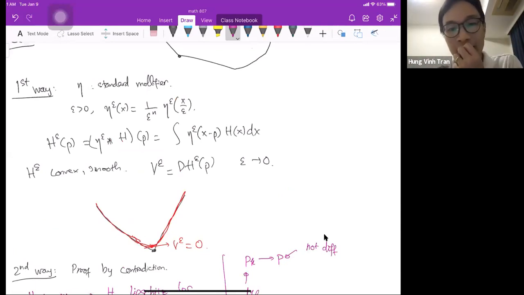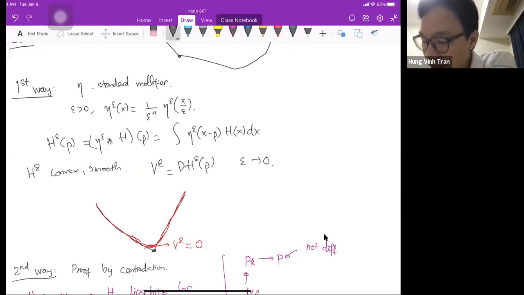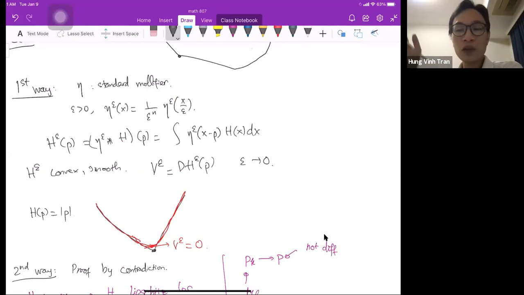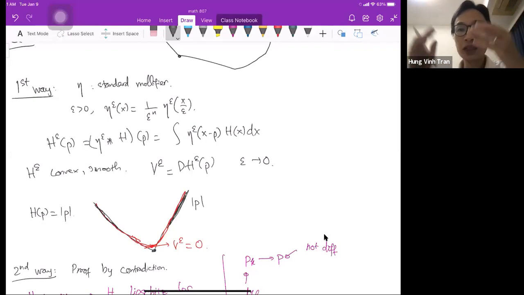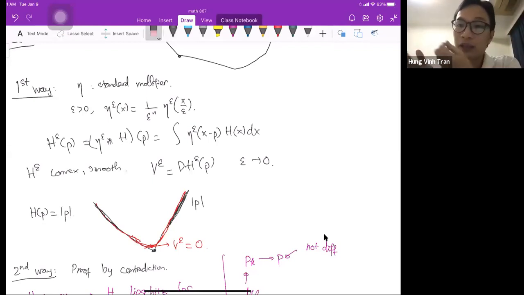For example, this is an example I drew: H of P is the absolute value of P. If you do convolution, at a point far away, the convolution is still absolute value of P. But as you get nearer to the corner, convolution is going to make things rounder near the corner.